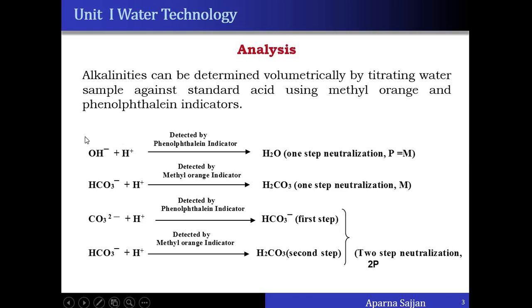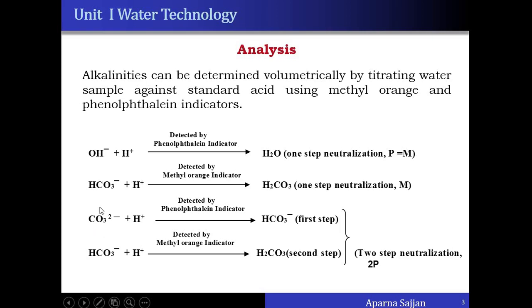If water is strongly alkaline due to the presence of hydroxides, then the end point of the titration is detected by phenolphthalein indicator. If water is slightly alkaline due to the presence of bicarbonate salts, then the end point of the titration is detected by methyl orange indicator. That is the volume of acid. How much is the volume of acid that is required for methyl orange endpoint?